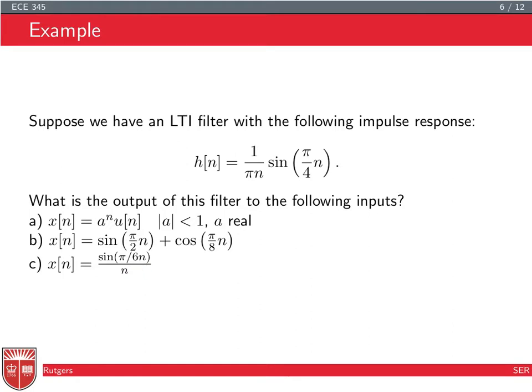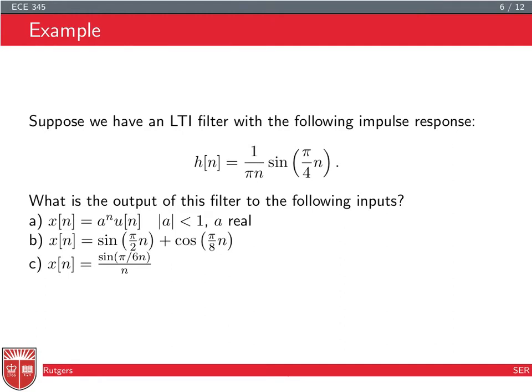To find the output, it's easier to do things in the frequency domain and then come back to the time domain. So our roadmap is going to be like this.